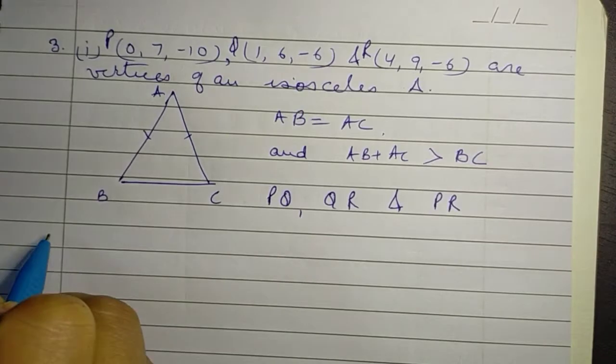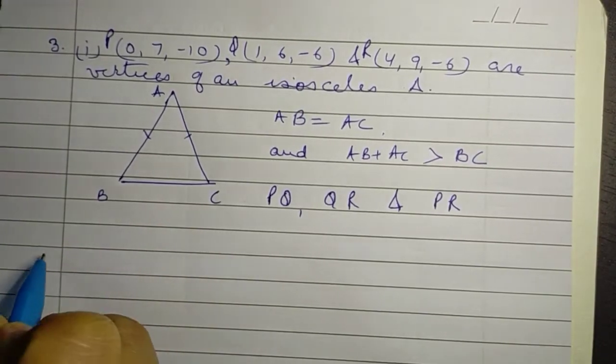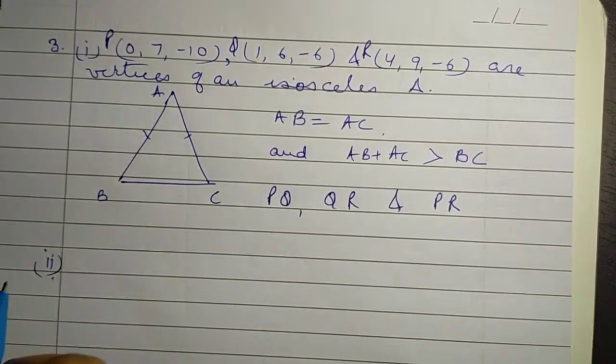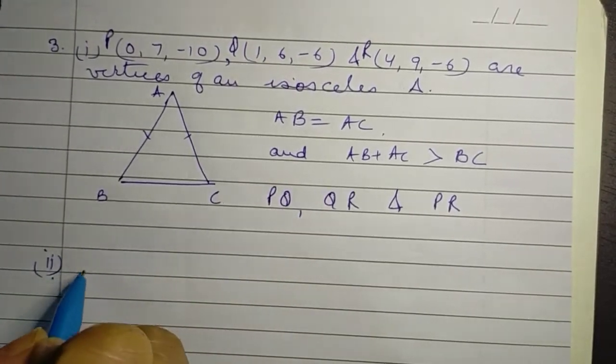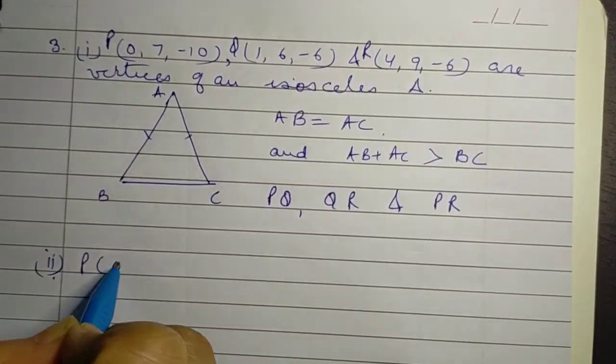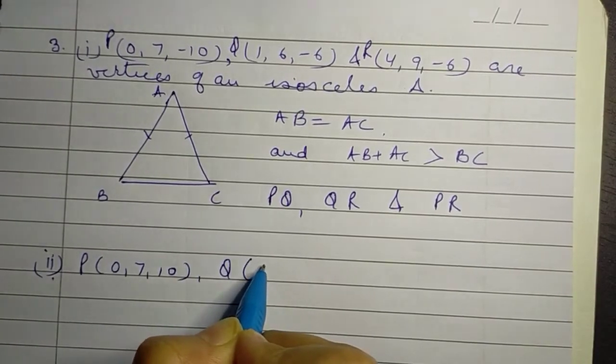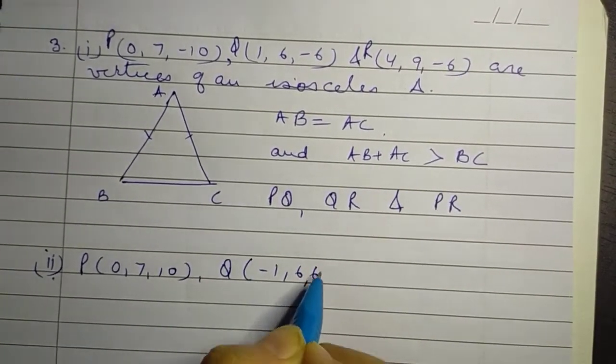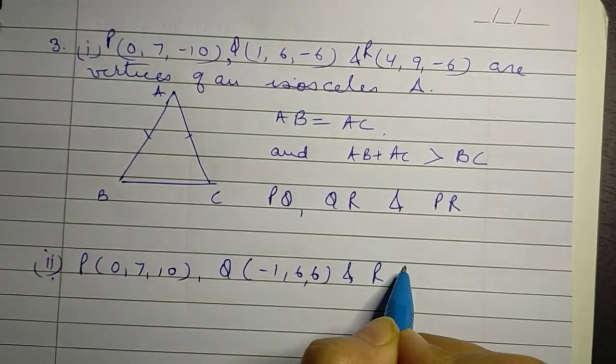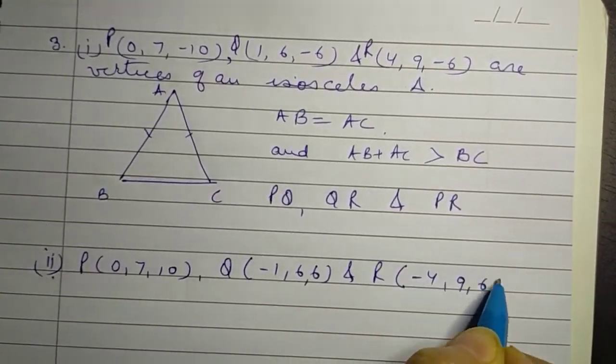Now the same way we do question number 3, second part. In the second part we have the 3 vertices. P is 0, 7, 10, Q is minus 1, 6, 6 and R is minus 4, 9, 6.